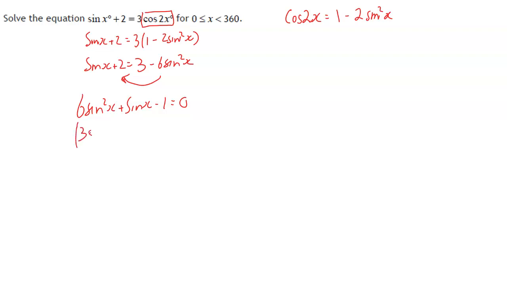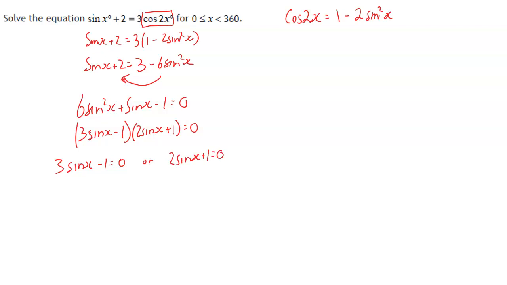What I'll end up getting is 3 sine x minus 1, 2 sine x plus 1 equals 0. Now remember, like a quadratic, either of those two brackets could be equal to 0. So in this case, I could get 3 sine x minus 1 equal to 0, or 2 sine x plus 1 equal to 0.